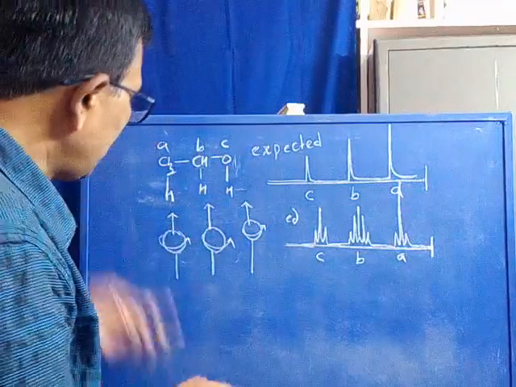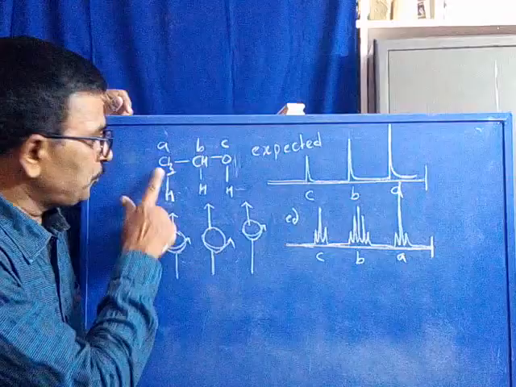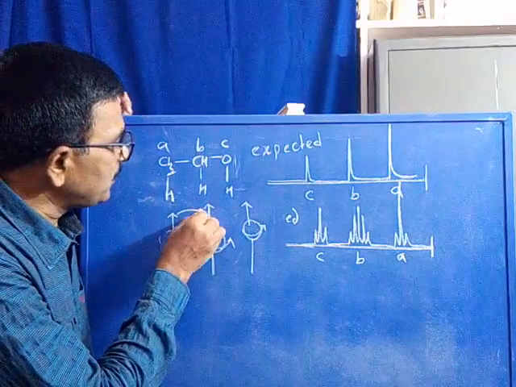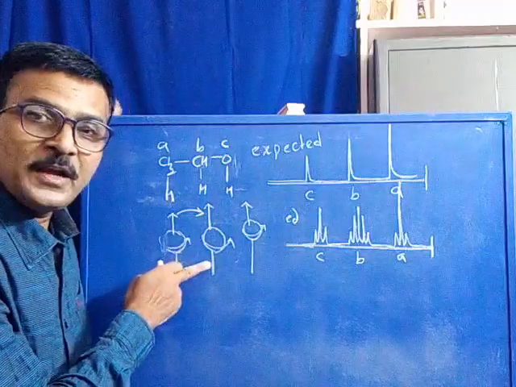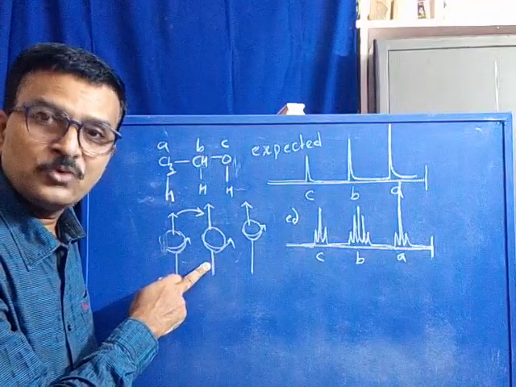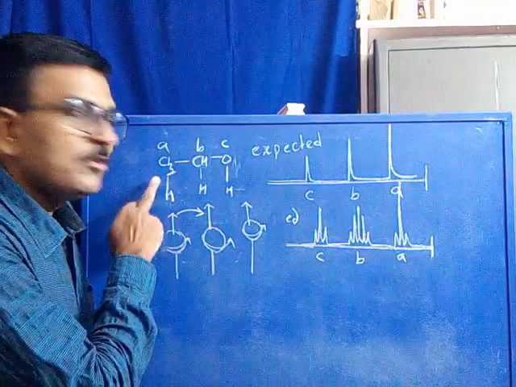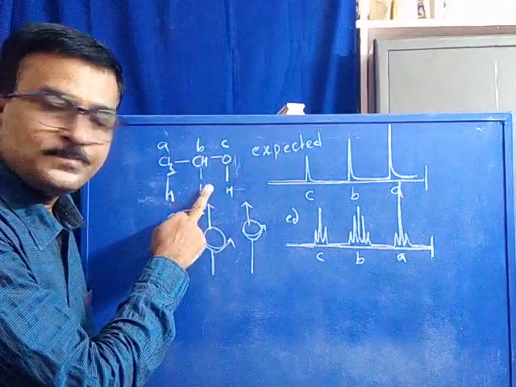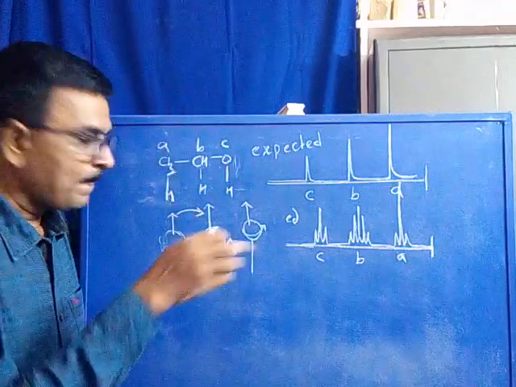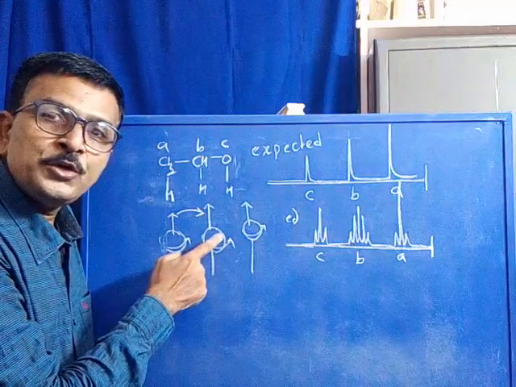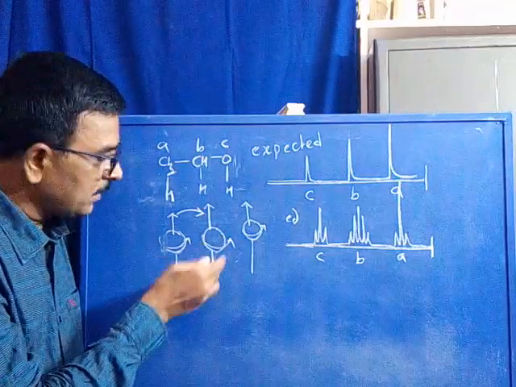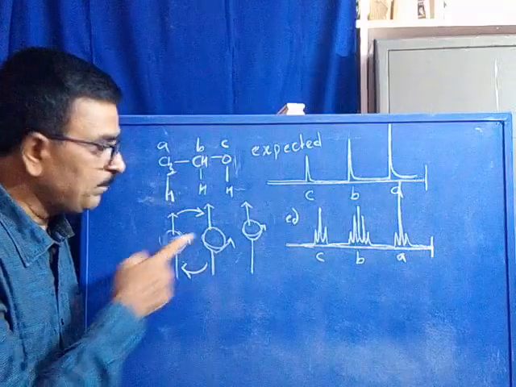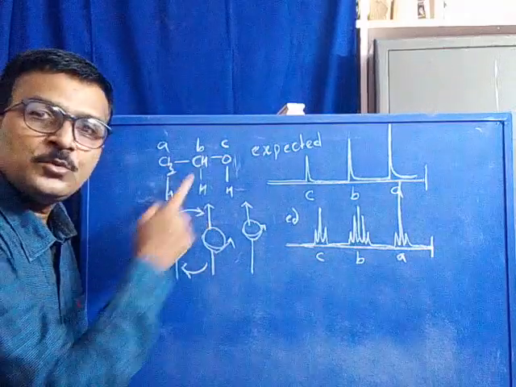That means the nuclear spin produced by CH3 protons is coupled with the nuclear spin produced by CH2 protons, because for CH3 the CH2 protons are adjacent. In the same way, the nuclear spin produced by CH2 protons couples with the CH3 protons, because CH3 and CH2 are adjacent.